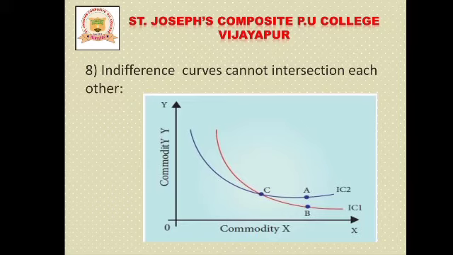This diagram shows two indifference curves, IC1 and IC2, cutting each other at point A. Thus point A reflects an equal level of satisfaction from two different indifference curves, which is unrealistic according to the assumption. So we can say that indifference curves cannot intersect each other.